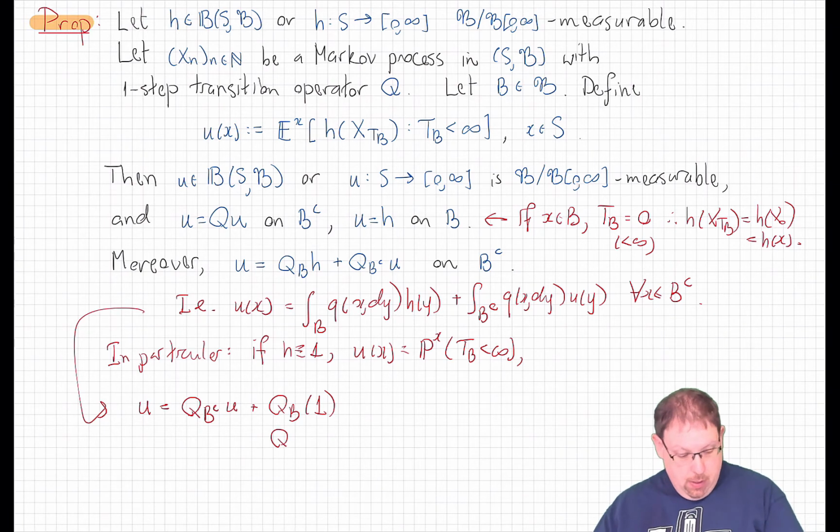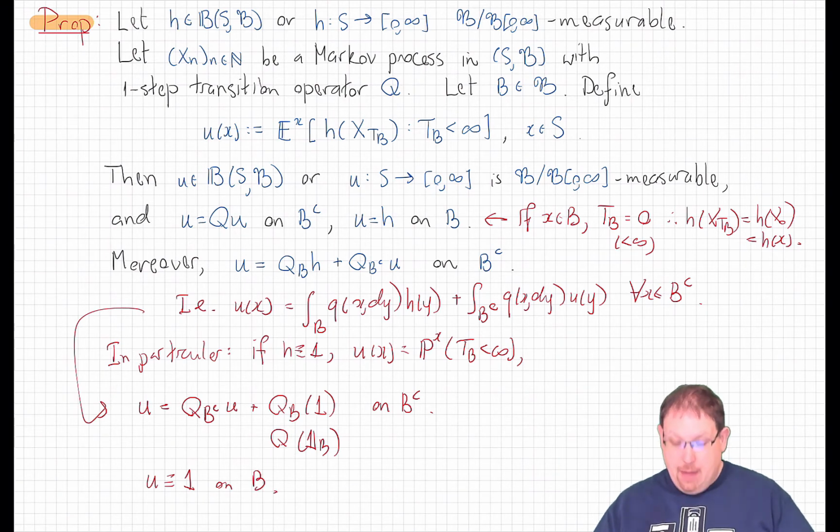It's equal to Q applied to the indicator function of B on B complement, whereas u is constantly equal to 1 on B. And that last statement is a special case of what we wrote over here, and also clear because if we start in B, then the hitting time of B is 0, which is for sure finite.